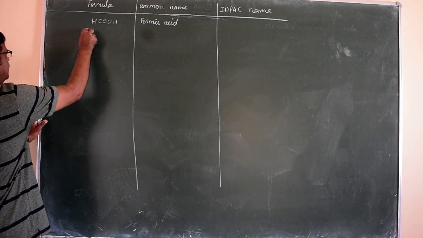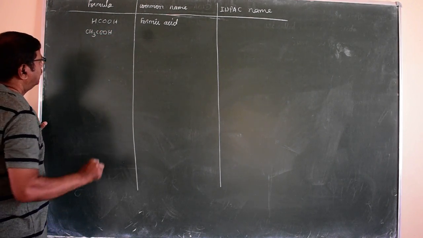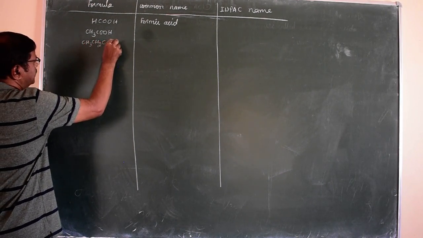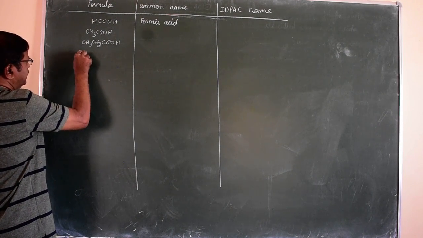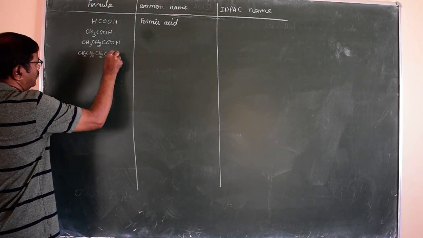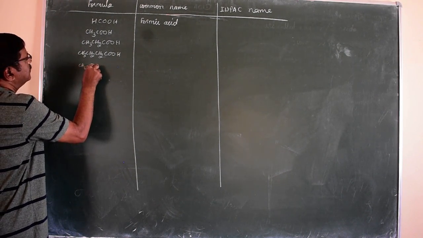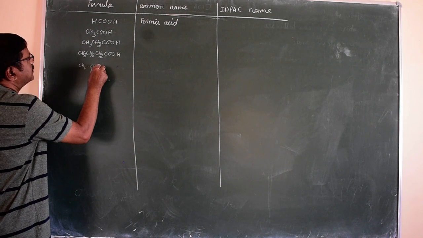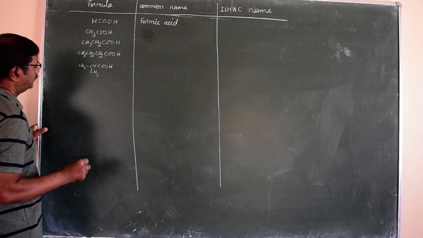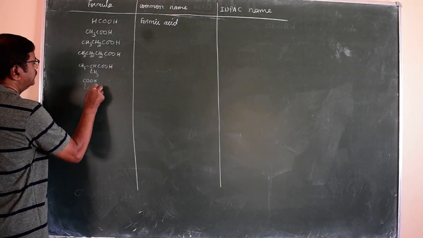Then next CH3COOH. Afterwards CH3CH2COOH. Then CH3CH2CH2COOH. And afterwards we have CH3 CH3 COOH. So next one is COOH COOH.